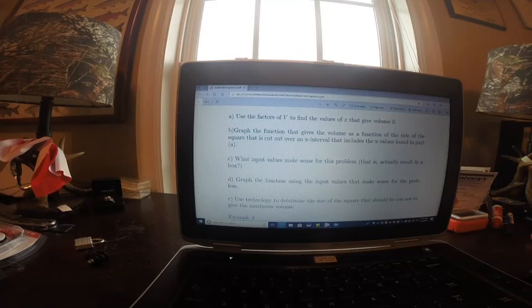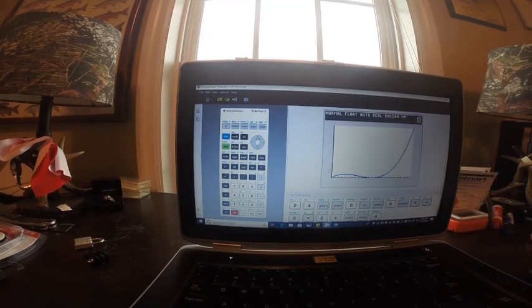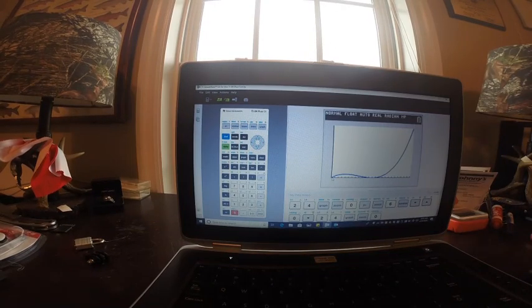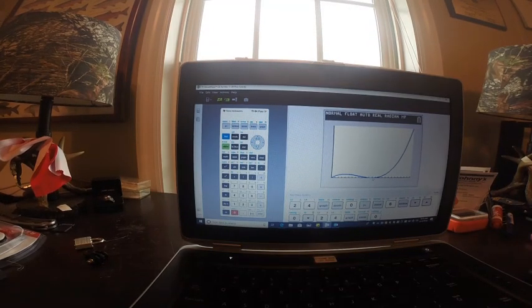So if we look at this, the input values that make sense, that actually form a box, are from 0 to 12. Like I said before and explained on the board, if you cut any more than 12 off of a side from both directions, you're literally cutting off the whole side. So you really can cut no more than 12 off of each side.